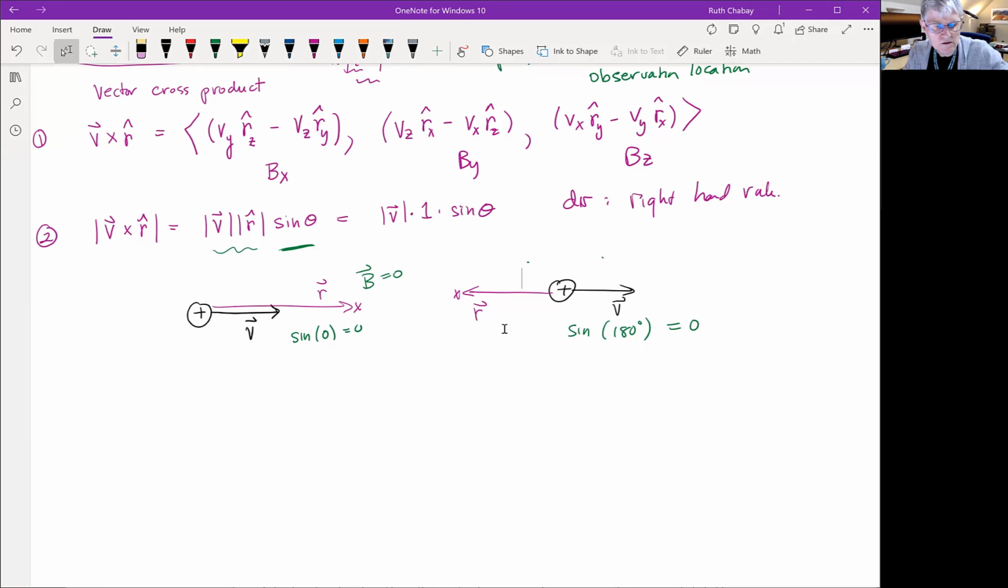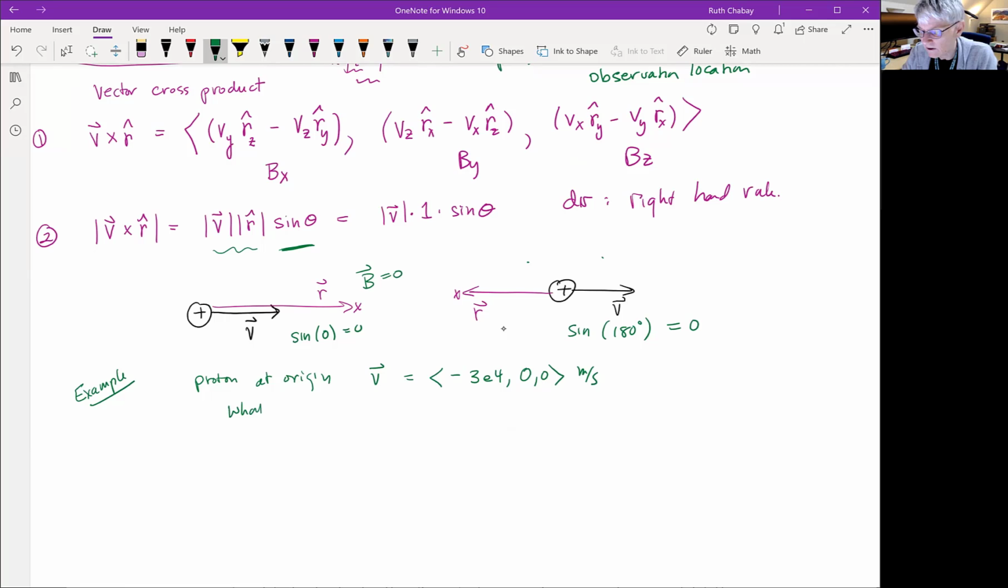Okay, so just for a quick example, we have a proton at the origin with a velocity equal to minus 3 times 10 to the 4, 0, 0 meters per second.